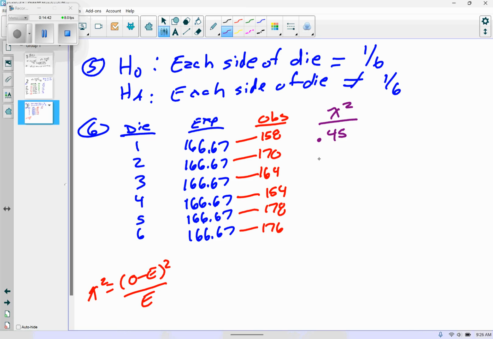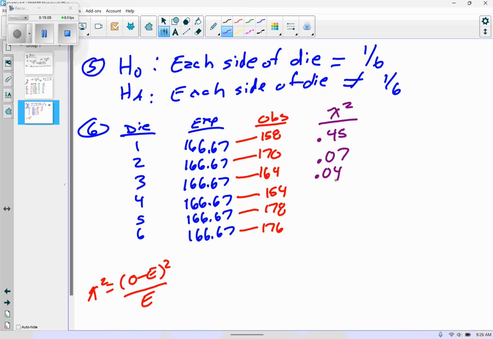So this is fascinating, this is 0.07. Square that, divided by 166.67. That comes out to 0.04.